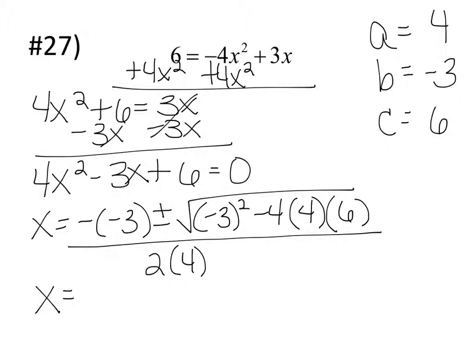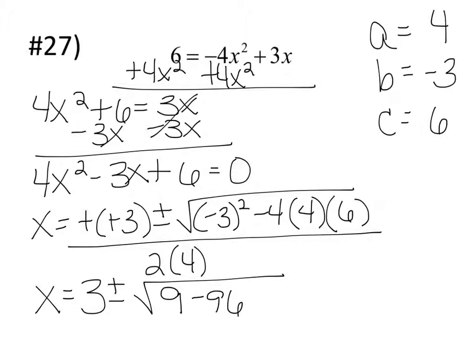So if you clean it up, add a line, change the sign, you get positive 3 plus or minus the square root. Negative 3 squared is 9. And then you have negative 4 times 4 is negative 16. And negative 16 times 6 is negative 96. Oops. All over 8, because 2 times 4 is 8.